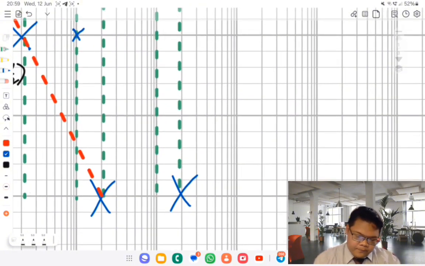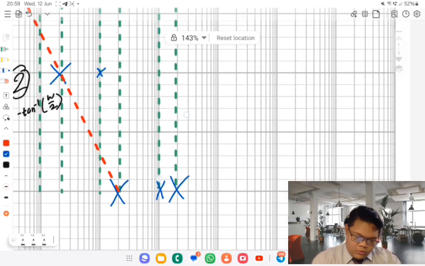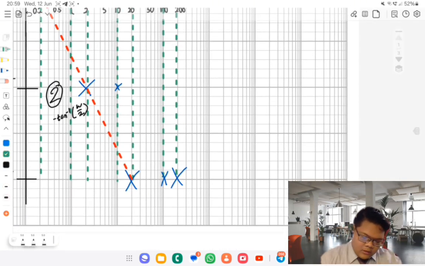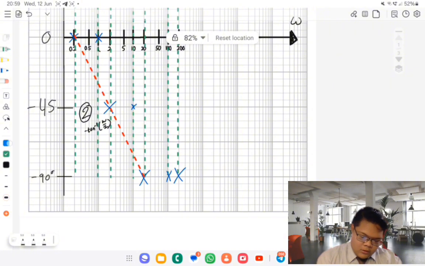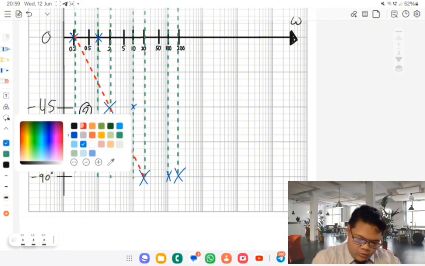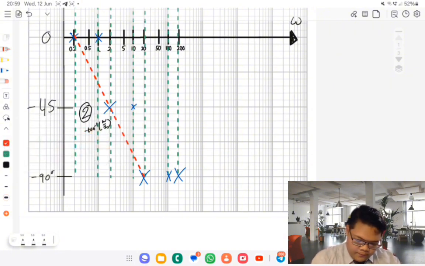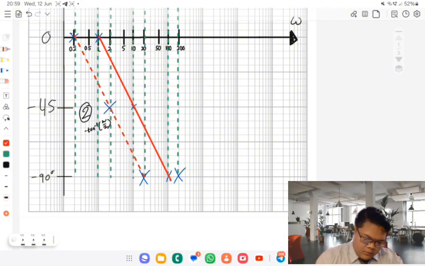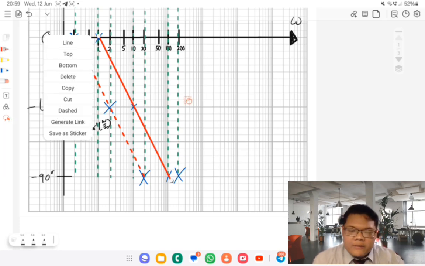So next we'll also do the same thing, which is we'll draw a straight line to connect all the plots. Okay, like that, and then we'll make it a dashed line because this is an imaginary line before we draw the real phase graph.